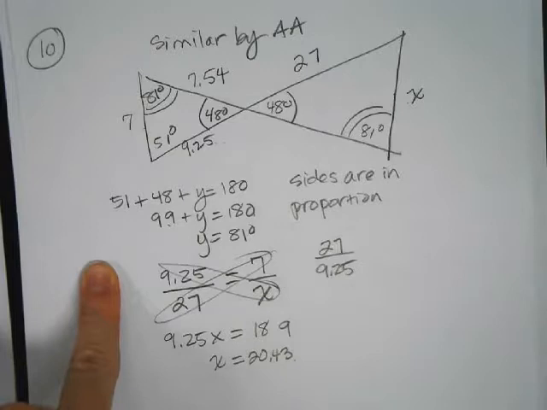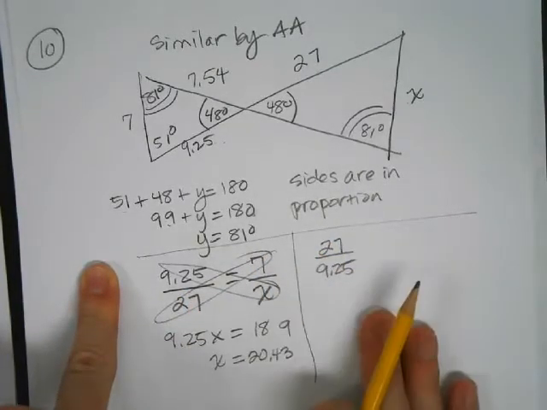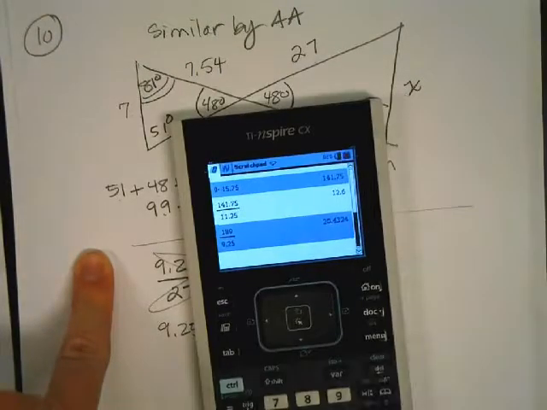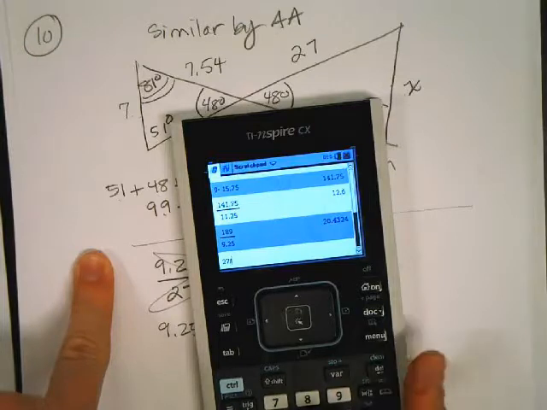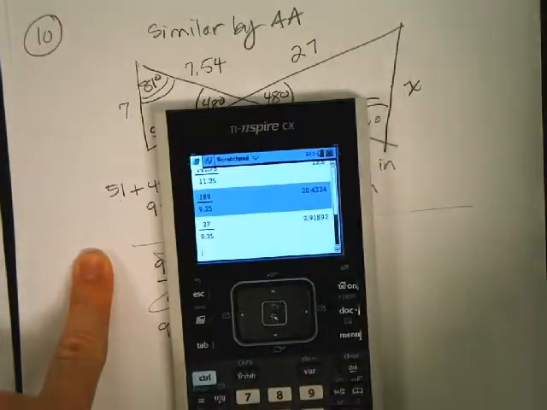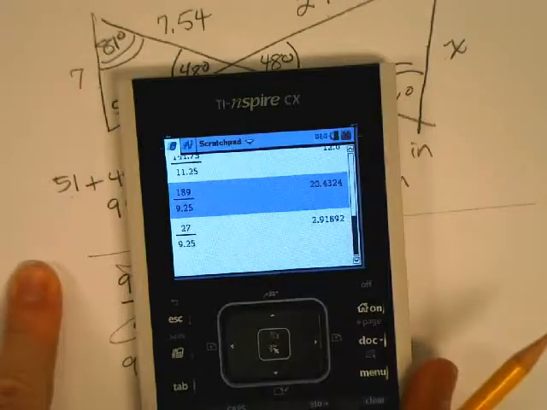Okay, if you want to do the scale factor, you could just do 27 divided by 9.25. So if this is confusing, focus on the scale factor. If the scale factor is confusing, focus on this. You don't have to do it both ways. So 27 divided by 9.25 is 2.91892.